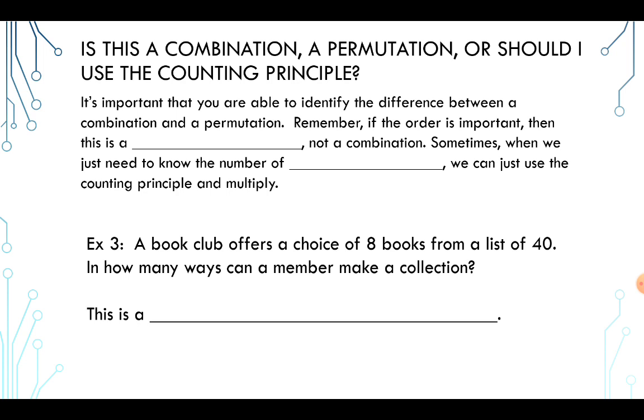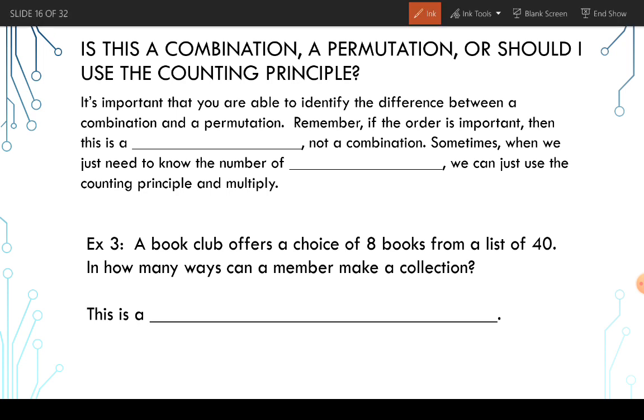If the order is important, it's a permutation, not a combination. Sometimes when we just need to know the number of possibilities, we can just use the counting principle and multiply. Okay.